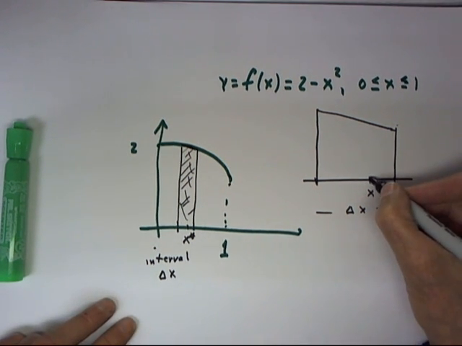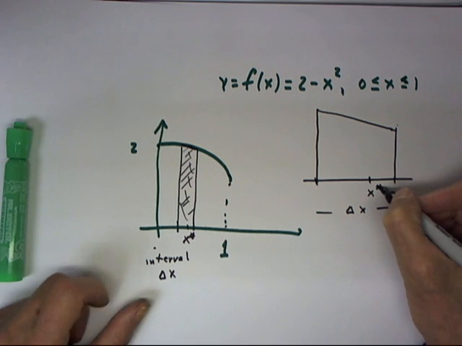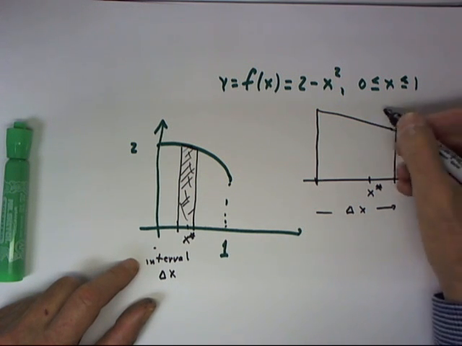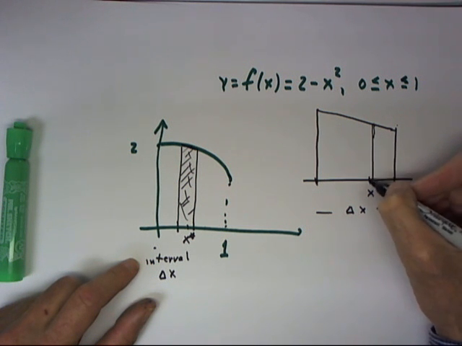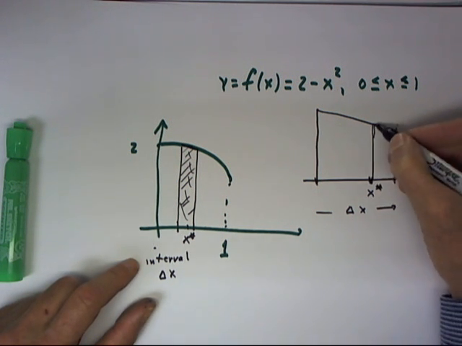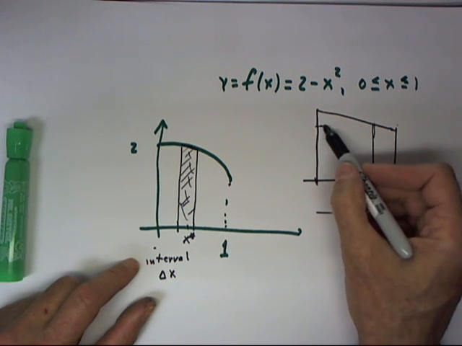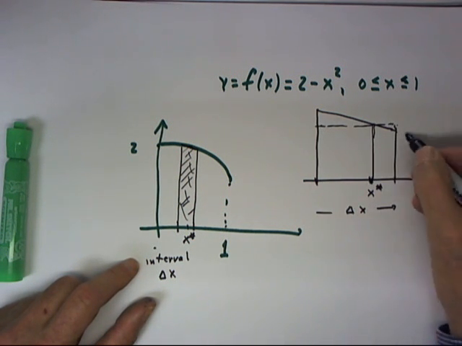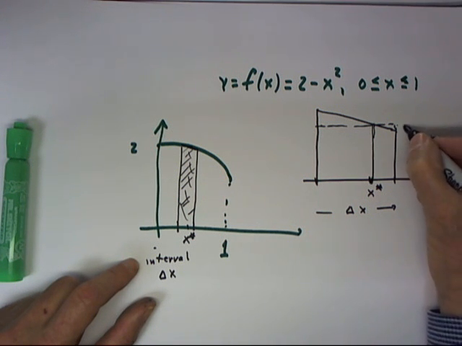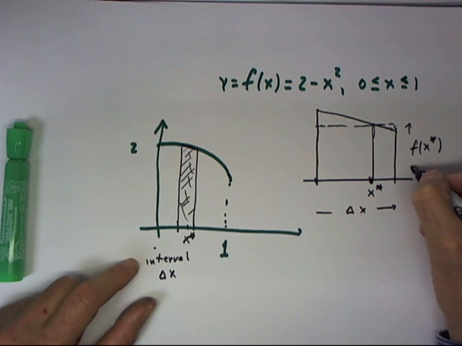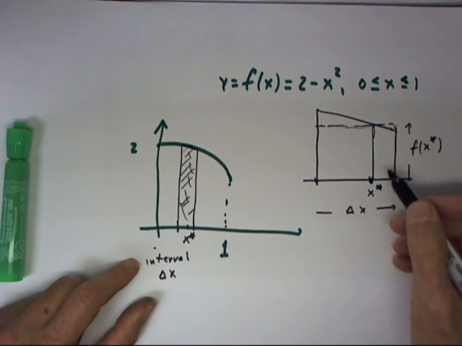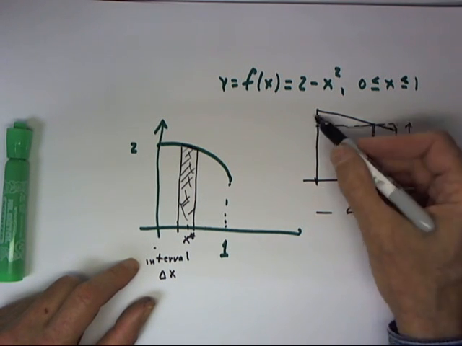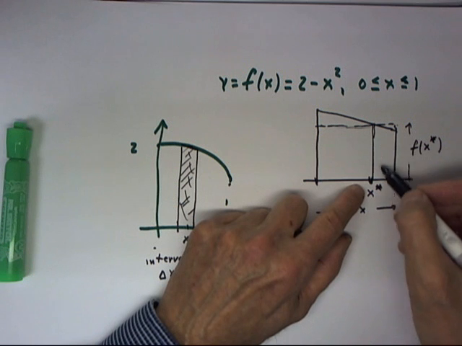In this case, we're going to use the sample point x star, and we're going to evaluate the function at x star. Now it looks like I've kind of missed my point here, but we get the idea. That value will be the graph altitude up to this point, the point where the graph of f of x meets the line directly above x star.